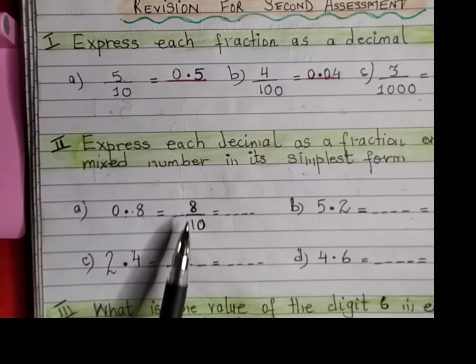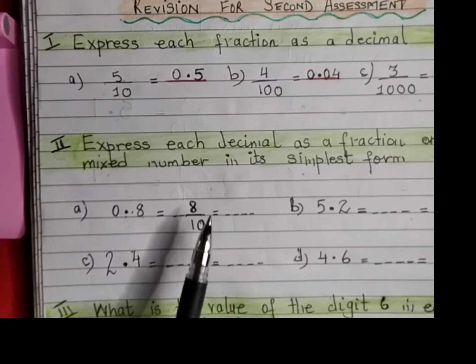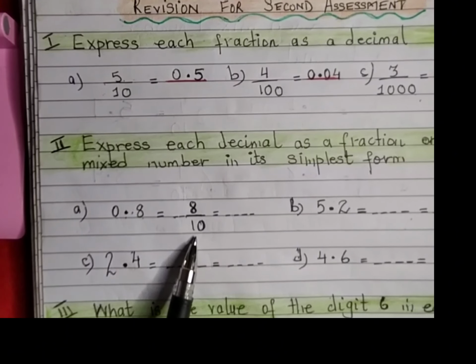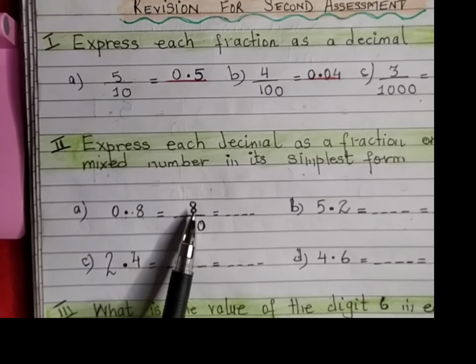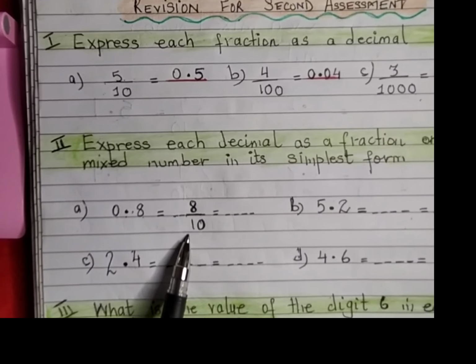Okay, think of 8 and 10 and also think of the table where you will find 8 and 10. You know your tables very well. So I will go for the 2 times table and I know that 8 is there in the 2 times table and 10 is also there in the 2 times table. Both these numbers are common in your 2 times table.